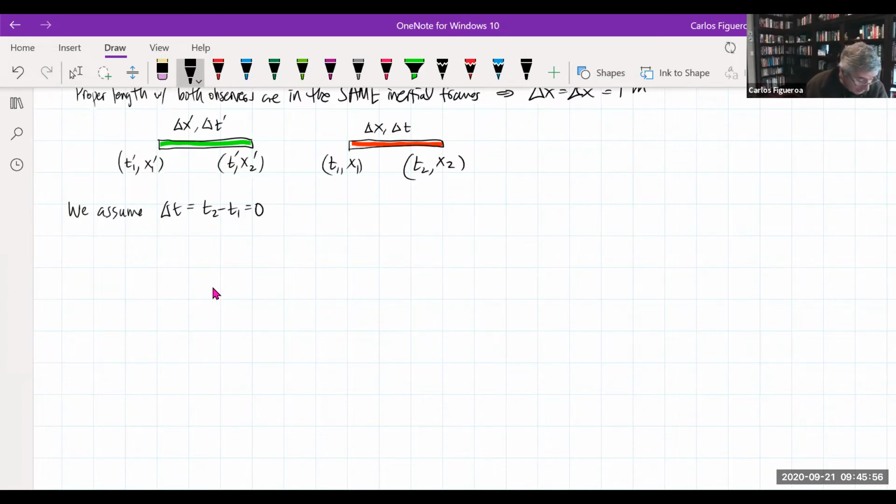So here I go. So now what I'm going to do is boost from the prime to the S frame. And when I do that, what that really means here is that if I look at lengths, we know that this has to be this case here.